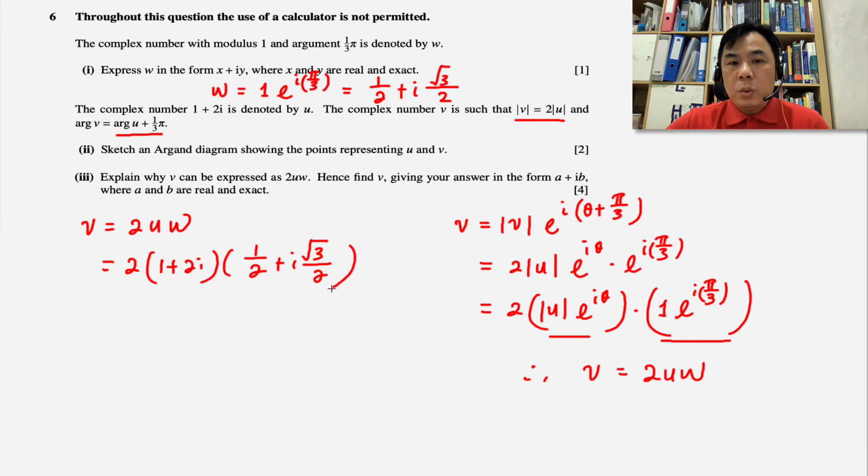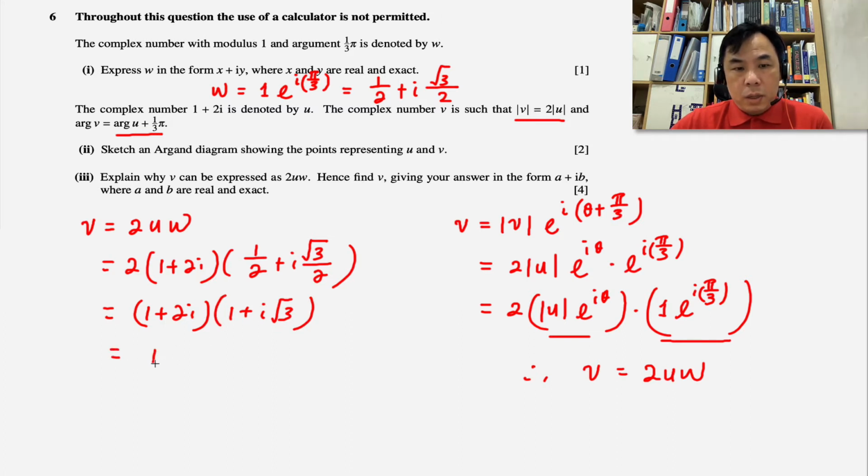With the advanced calculator that you are having, you could just type it in, and it would give you the final form in its rectangular form. But if you don't have a calculator like me, then you have to do a bit of manual calculation. For me, I would prefer to simplify the 2 with a half here, and that gives me a much easier expansion.